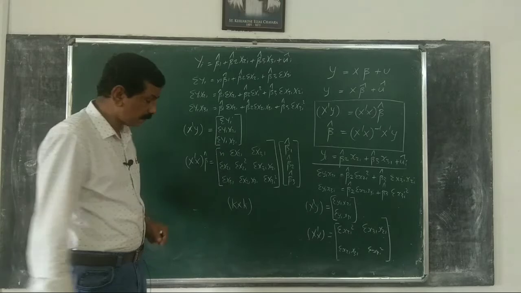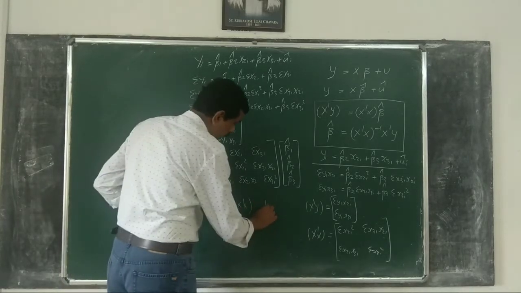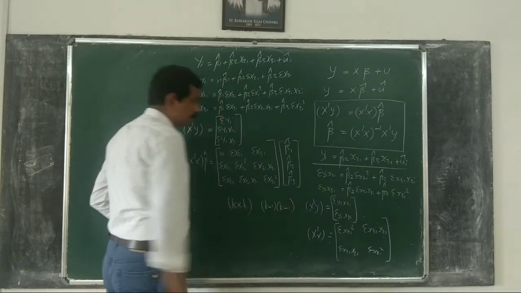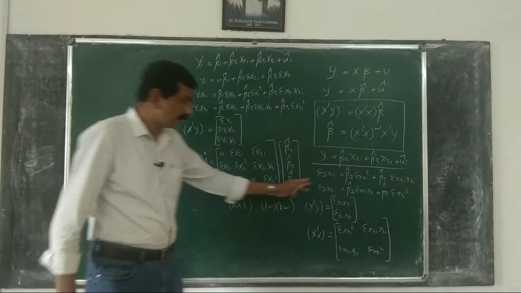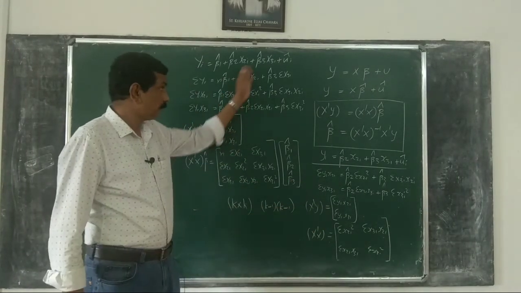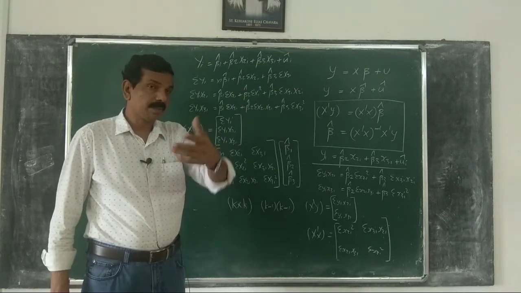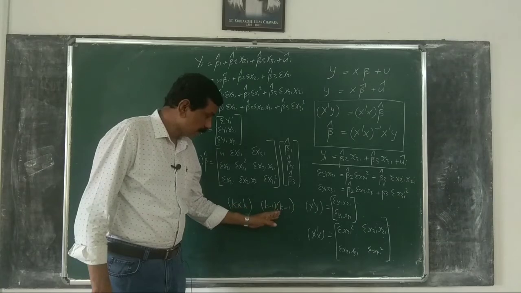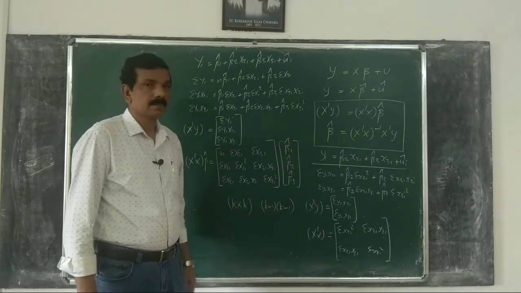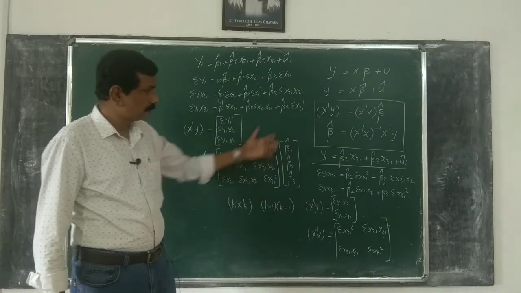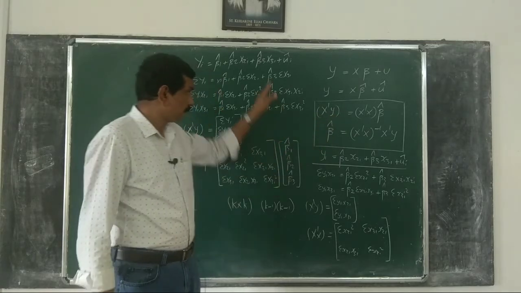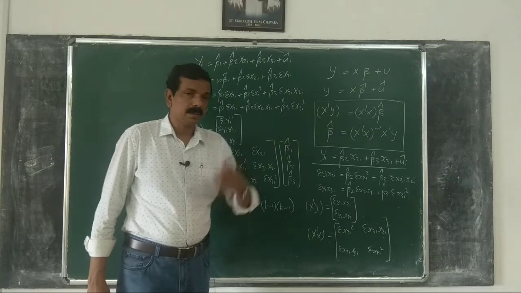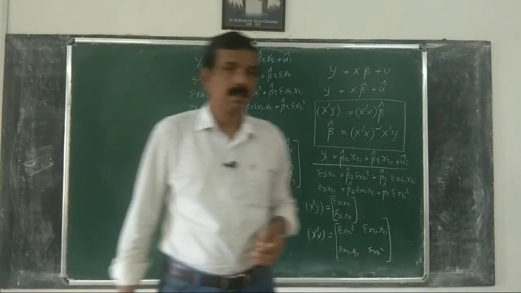But in deviation form, for a k variable model with k minus 1 explanatory variables, the order is k minus 1 by k minus 1. And you can practice this with matrix algebra and also in terms of ordinary algebra.